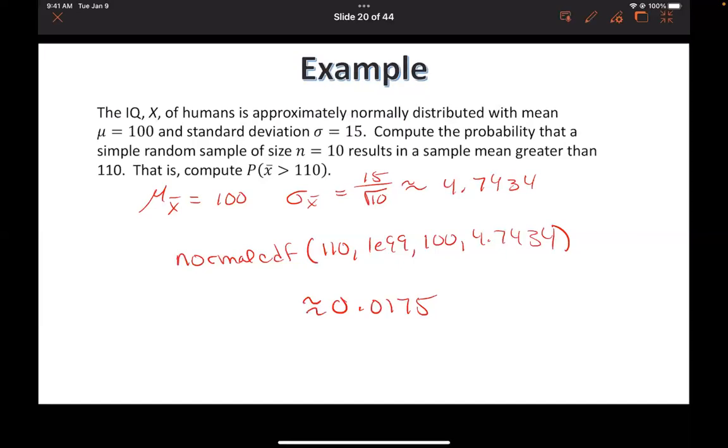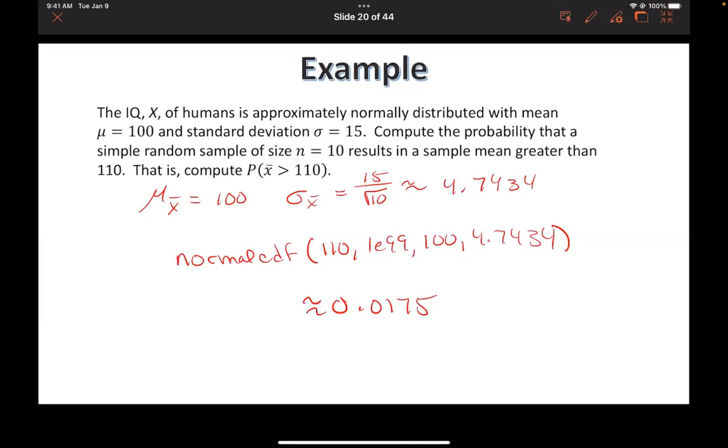So I have 110 is my lower, 1E99 is my upper, 100. Wouldn't 110 be your upper? No, it's greater than, so it's 110 or bigger. So you need to do 1 minus. I did it backwards. Yeah, so you have the complement of the other answer.